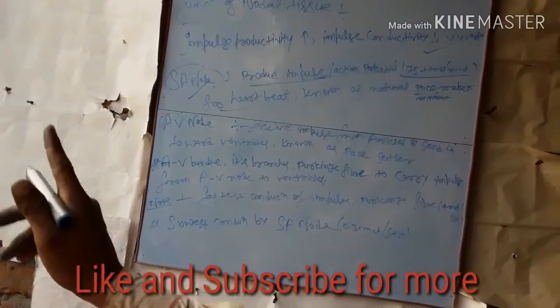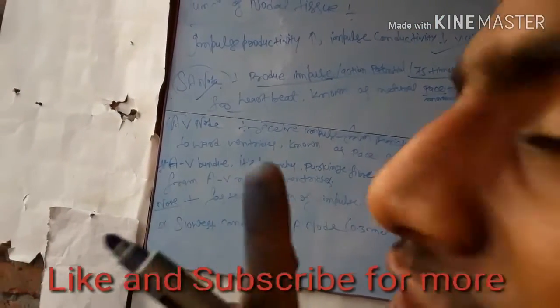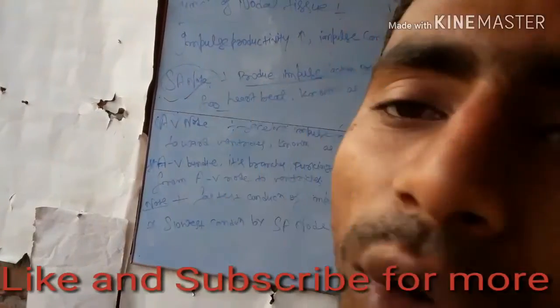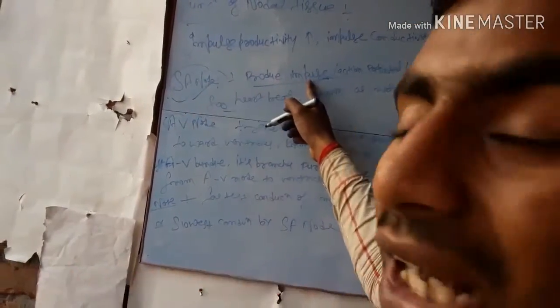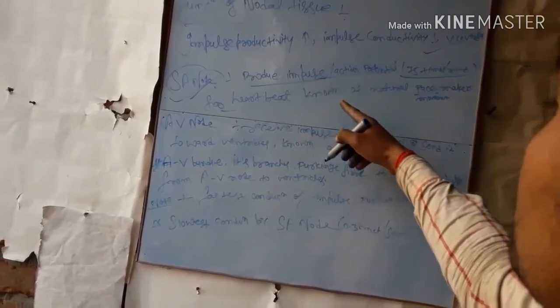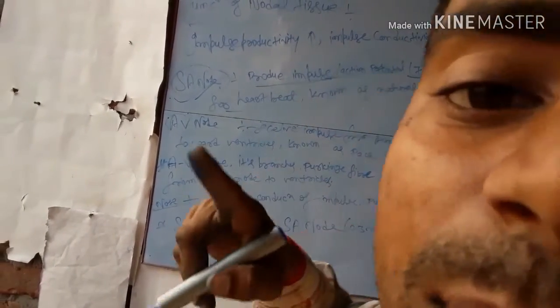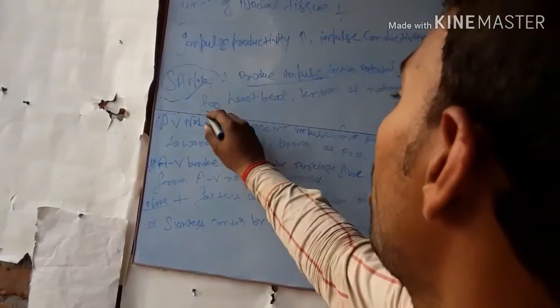So impulse production starts from the sino-auricular node. The sino-auricular node produces impulse, meaning action potential, 75 times per minute for heartbeat.